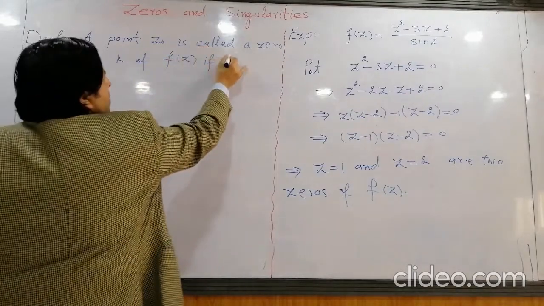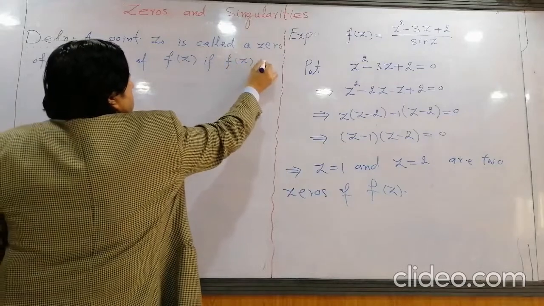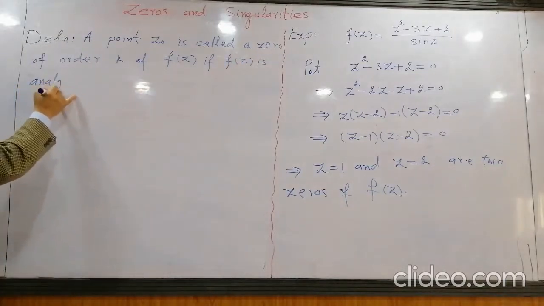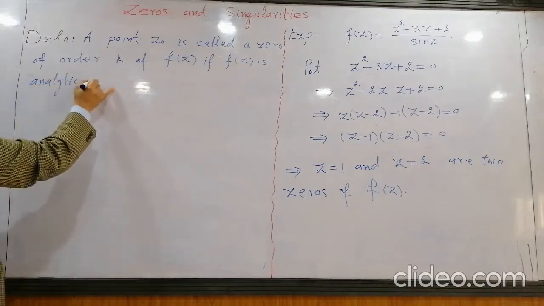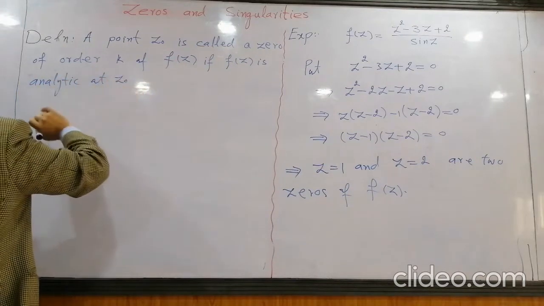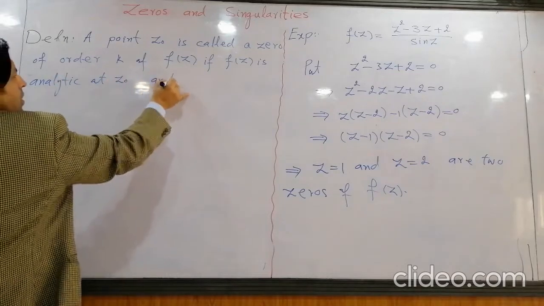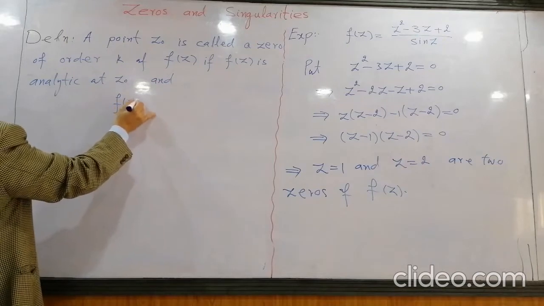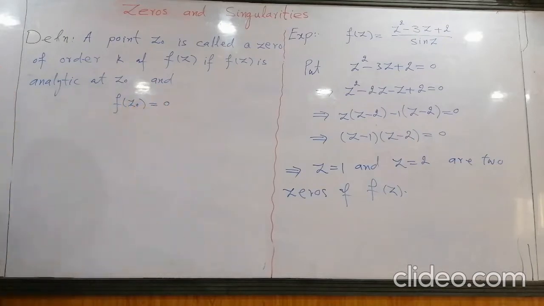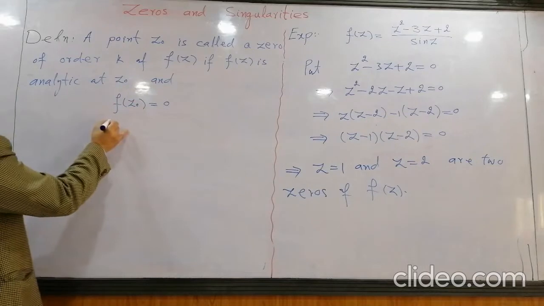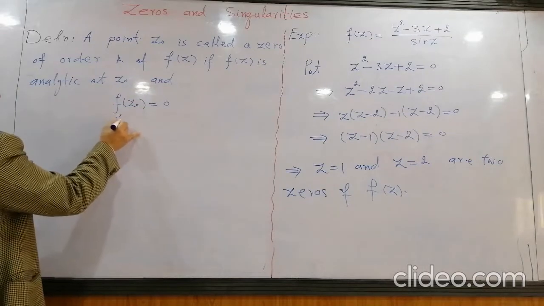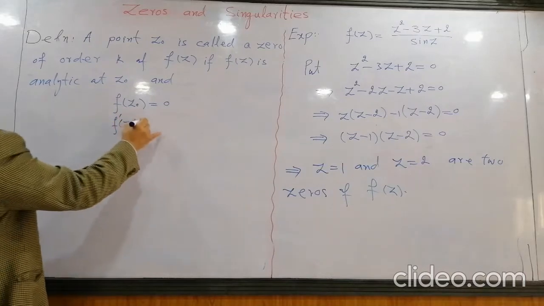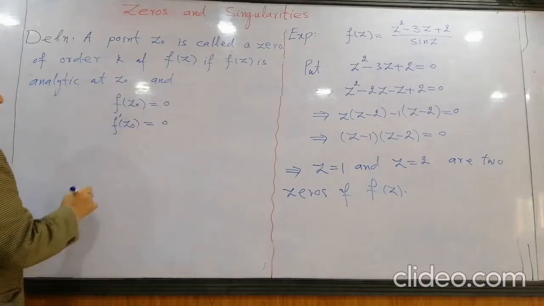If f of z is analytic at z0, and if I put z0 inside the function, I will get 0. Now if I differentiate this function and I get f dash of z and put z0, I get that this is equal to 0.